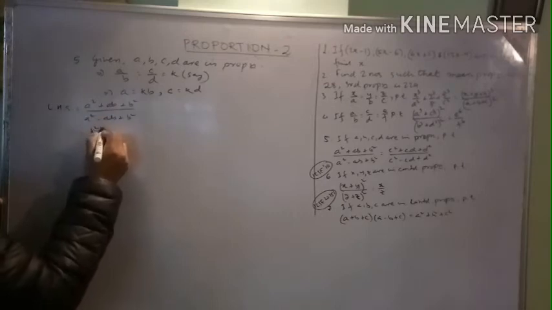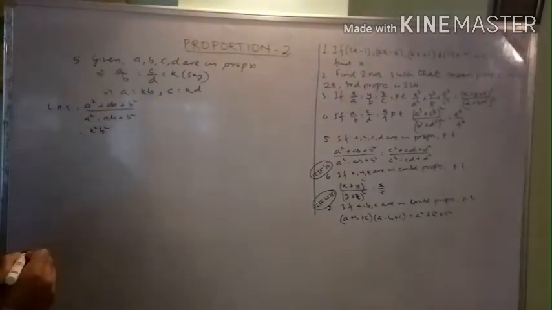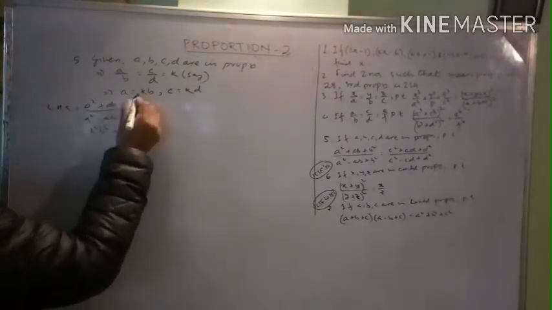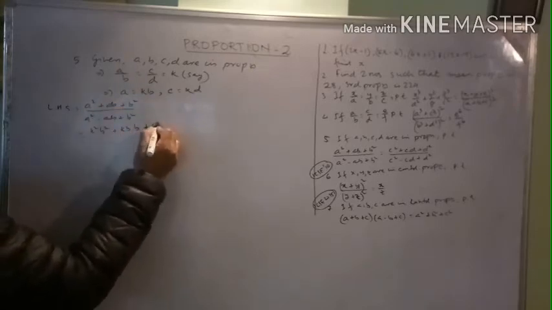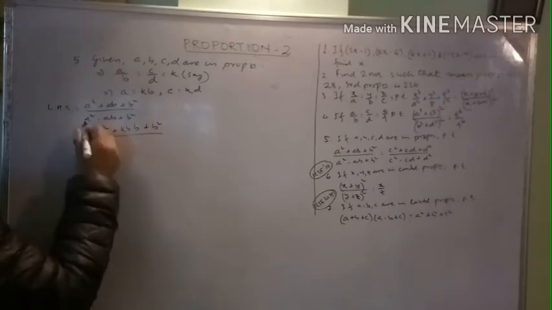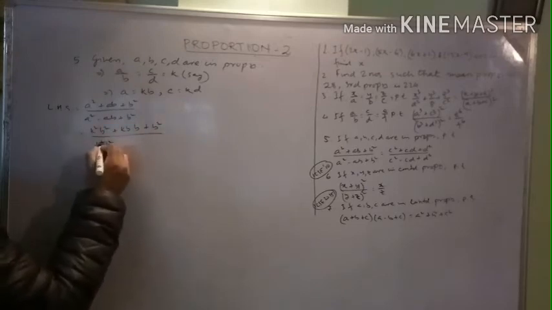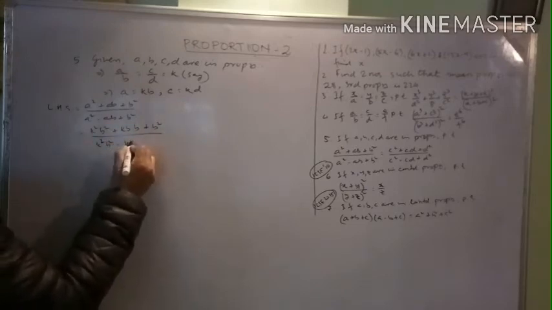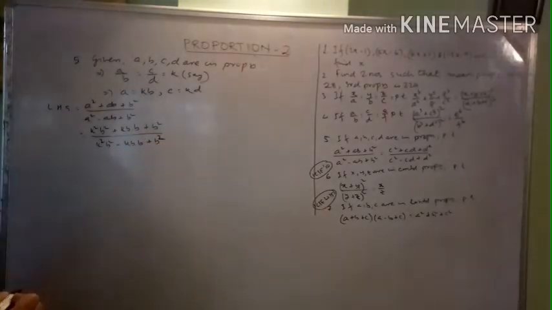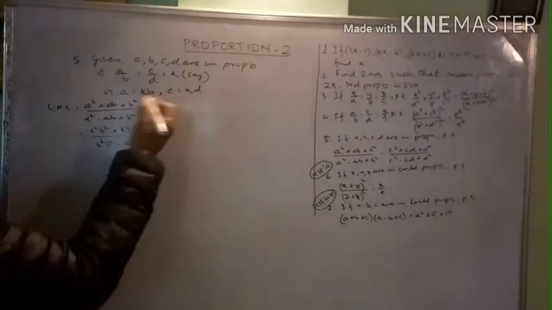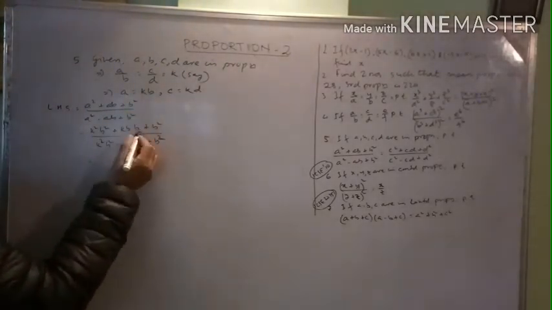So K square B square, because A square is given, plus A is KB, so KB into B is also there, plus B square as it is, we don't have the value. So A square is K square B square minus KB into B plus B square. So what we have done is we have replaced A by its value KB. So B as it is.